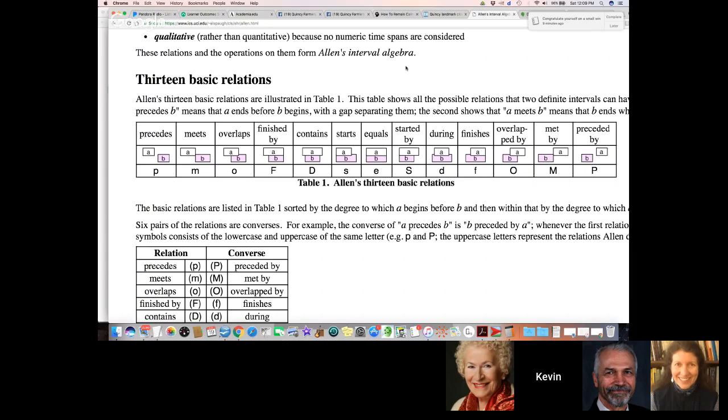And Thomas Allen, who I think is in New York somewhere, Cornell or State University of New York, I'm not sure, developed what's sometimes called interval logic. It's also called interval algebra. It's also called temporal logic.